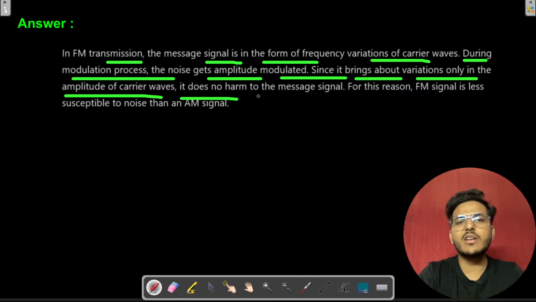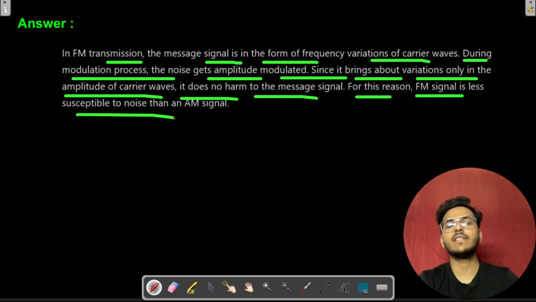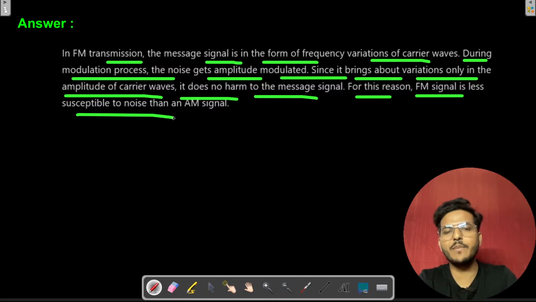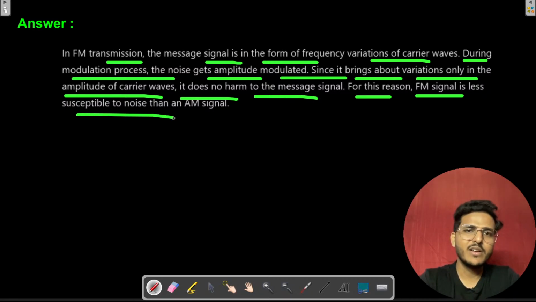It does not harm the message signal. For this reason, FM signals are less susceptible to noise than the AM signals. AM is amplitude modulation, and FM is frequency modulation. Frequency modulation is less susceptible to noise as compared to amplitude modulation.